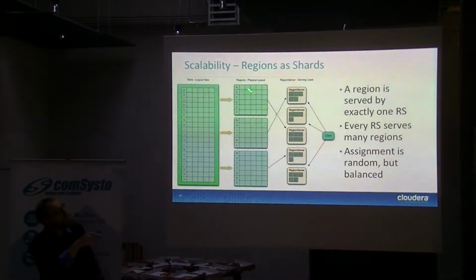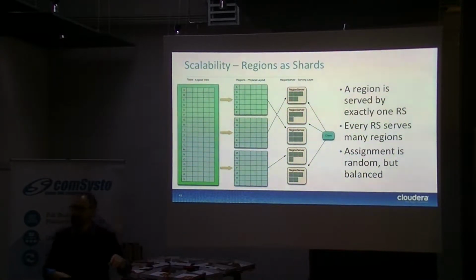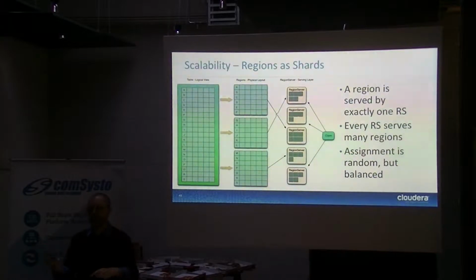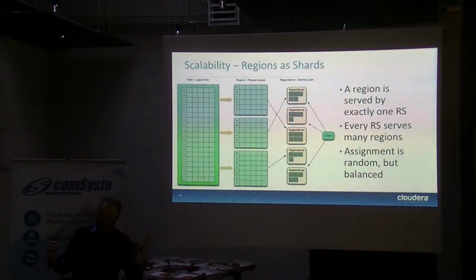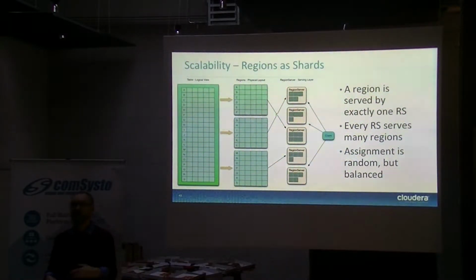You have the table. The table is split into regions. The regions are then hosted by exactly one region server, so we get strict consistency. That's different from, say, Cassandra, which has eventual consistency because you have multiple replicas of the data. And the newest trend in HBase is that we also get region replicas, so in the future you can do a sort of eventual consistency on top of HBase as well.